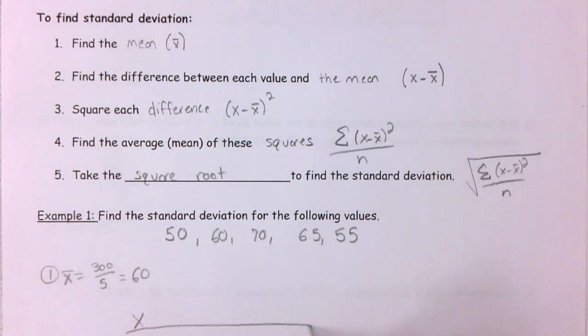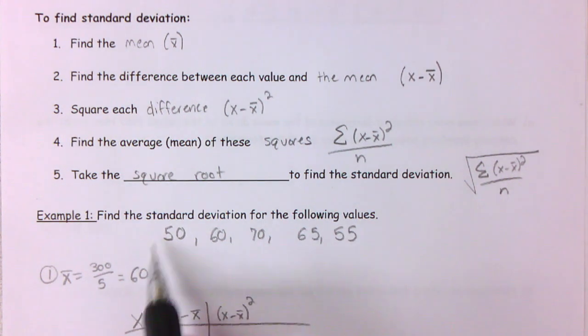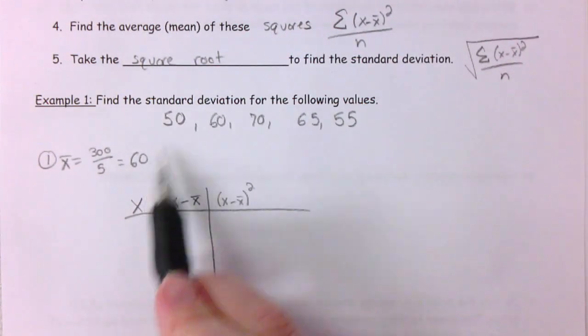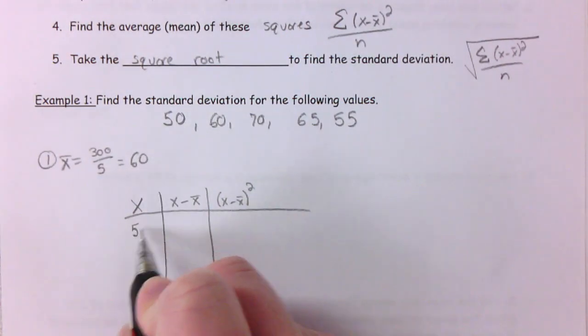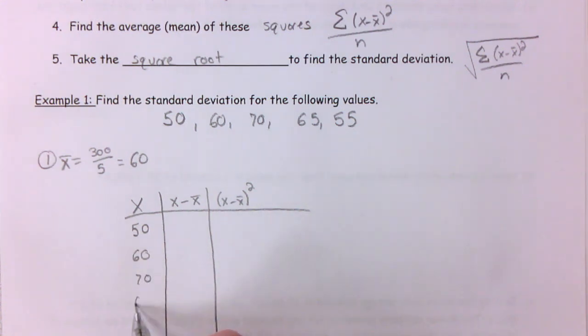So I'm going to have all the values, and then I'm going to have the values minus the mean, and then I will have the values minus the mean squared. I'll rewrite all of these down in the x column. Those are all my x's. So 50, 60, 70, 65, and 55.